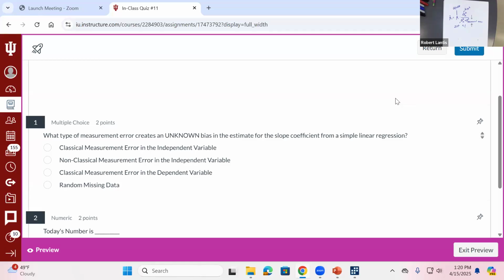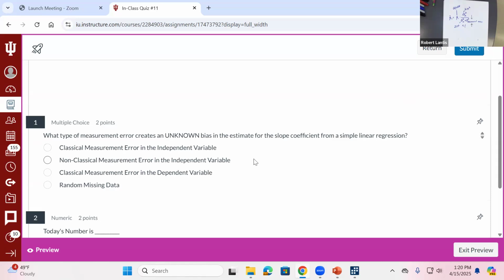Now, we looked at some other examples where I said, even if the measurement error does depend on the values for X, so it's non-classical. If I have non-classical measurement error in that independent variable, what did that do? Well, we said there, it depended.